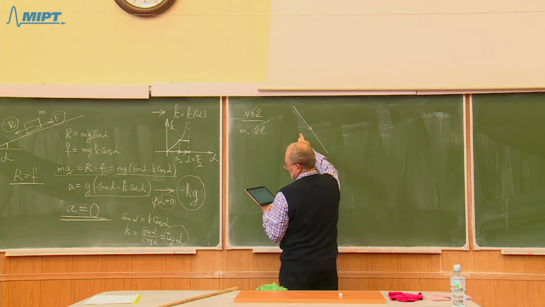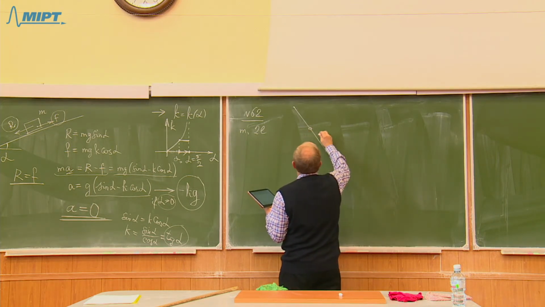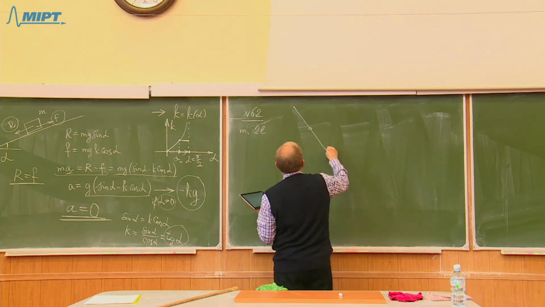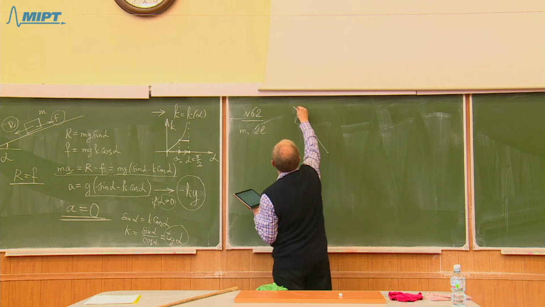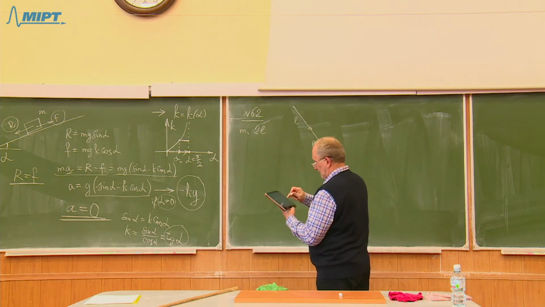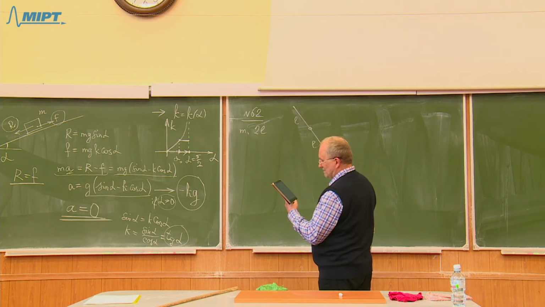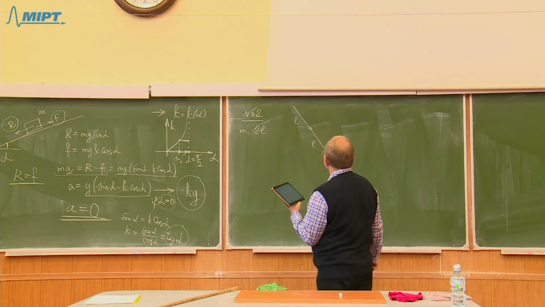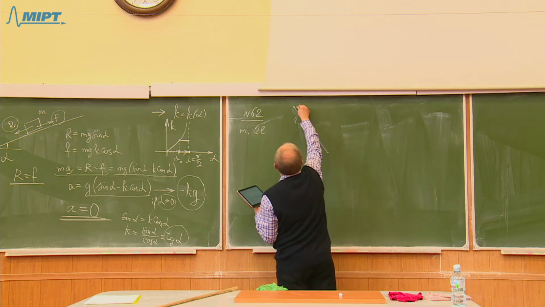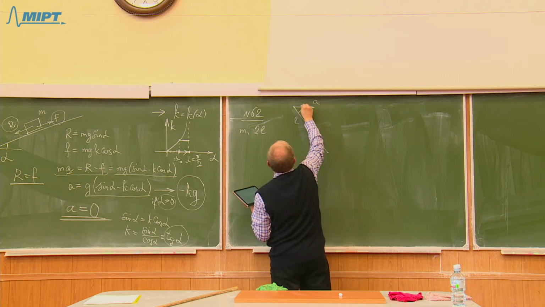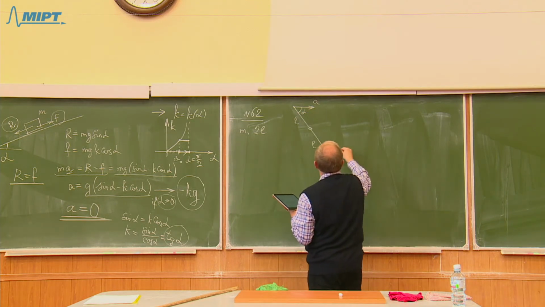So at the initial moment, the bead is in the center. It means that this part of the rod from the bead to the end has length L, and another part is also of length L. The rod moves translationally in a horizontal plane with an acceleration a in a direction forming an angle alpha with the rod. So the rod is moving in this direction at angle alpha with acceleration a.